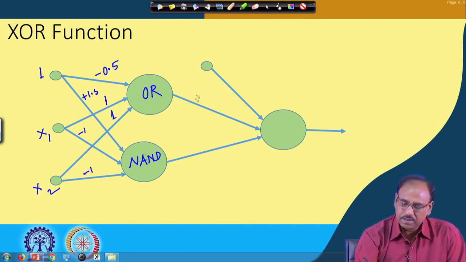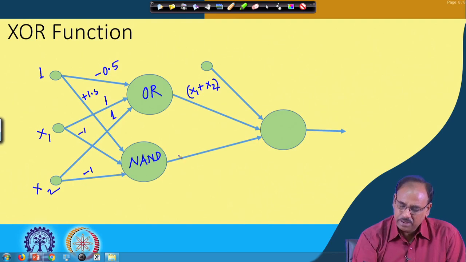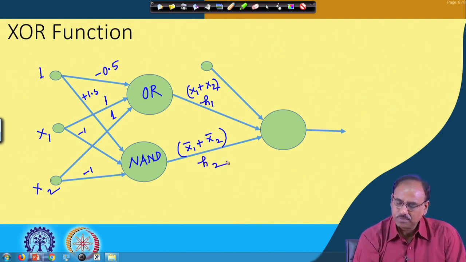So, here what I get is x1 OR x2, and here what I get is x1 NAND x2. So, I use this as H1 and this as H2.